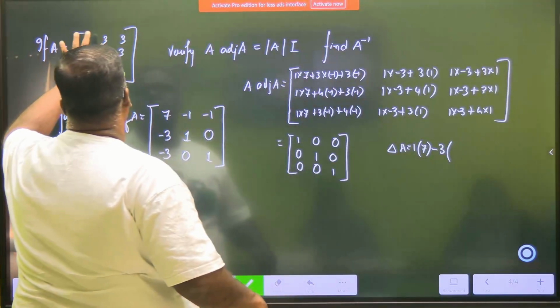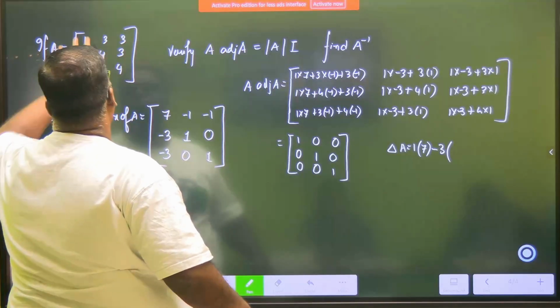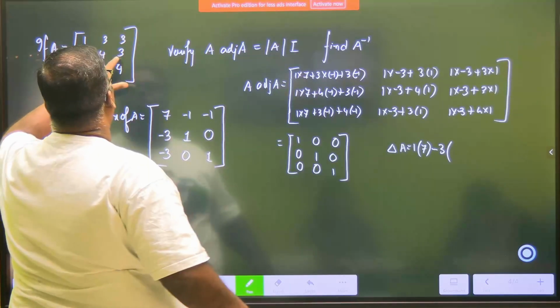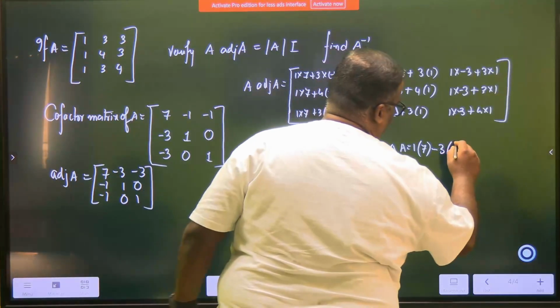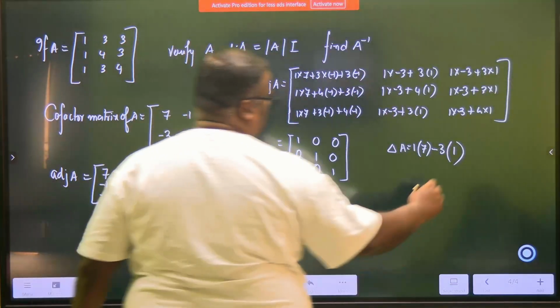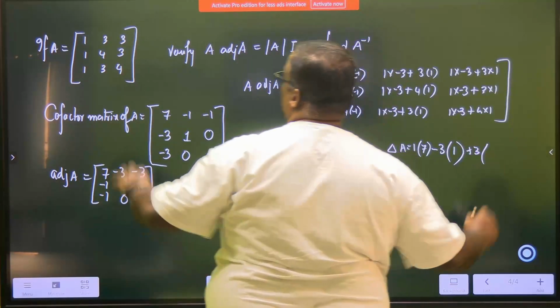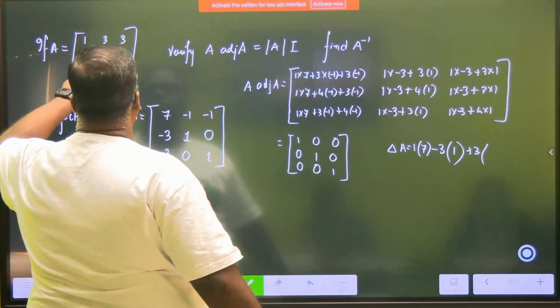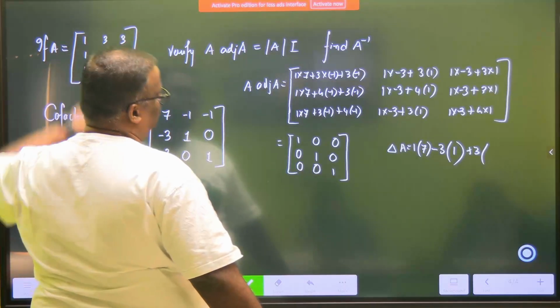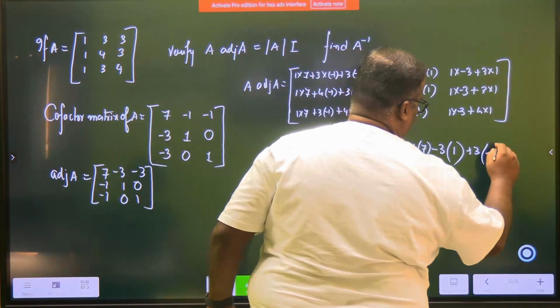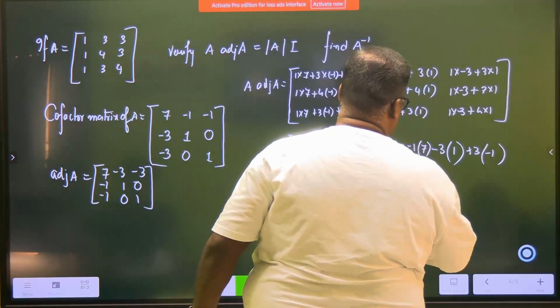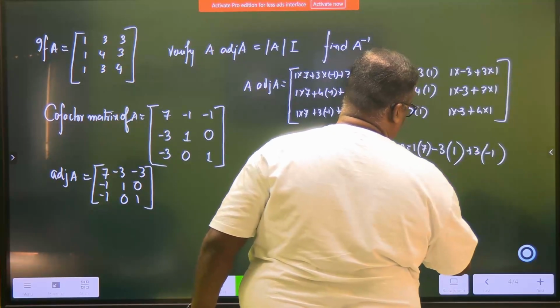This is minus 3. And then we will do for this. 1 4s are 4. 4 minus 3 is 1. Right? And then we get a positive 3 and calculate 3 and this gone. 1 into 3 is 3. 3 minus 4 is minus 1. So determinant of A will come as 7.